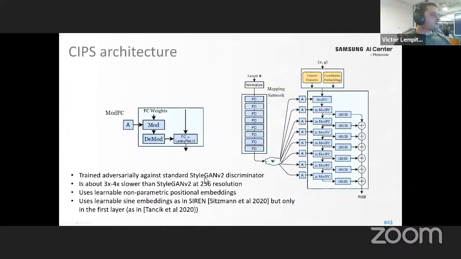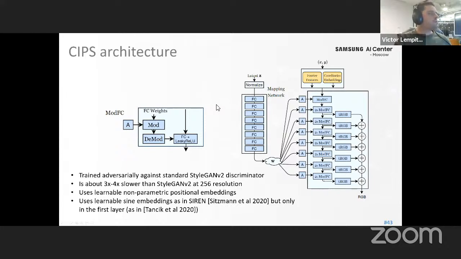The resulting architecture at 256 resolution is 3 or 4 times slower than a StyleGAN v2 generator of analogous capacity because the pixels don't share computation at low resolution. And we use non-parametric position embeddings and learnable Fourier features, that is sine embeddings with learned parameters.